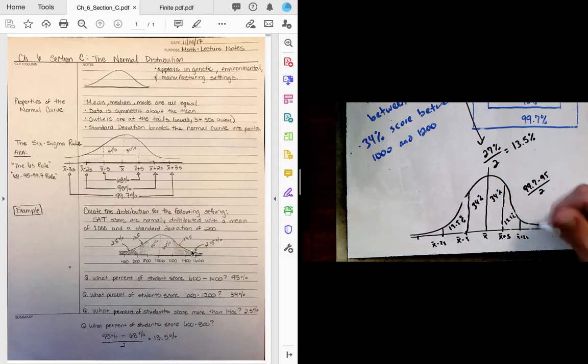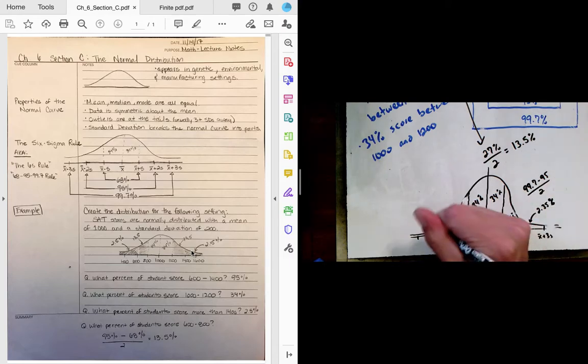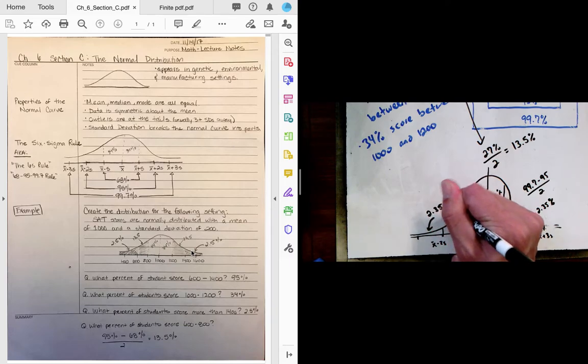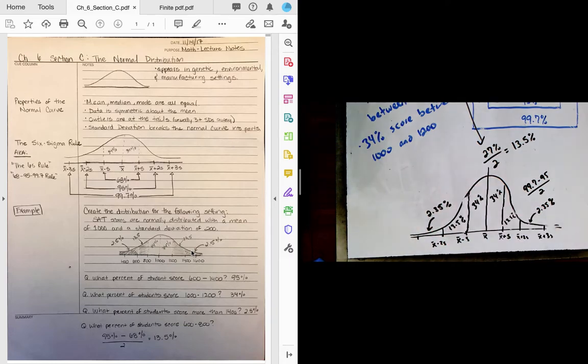That gives me each of these tails between 2 standard deviations and 3 standard deviations is 2.35%. You may notice on the notes that it says 2.5% right here, but that's actually from 2 standard deviations all the way out forever.